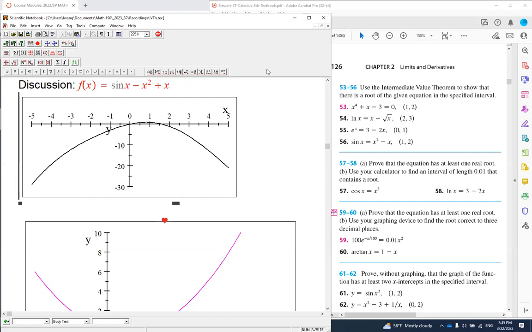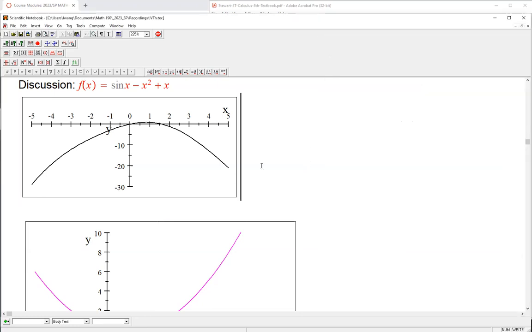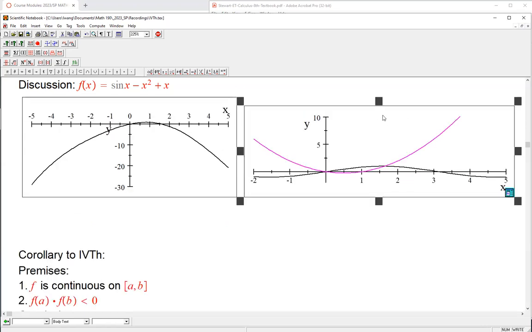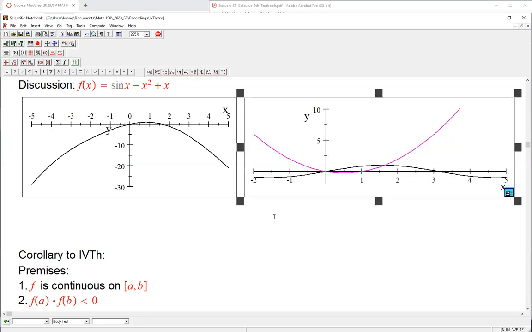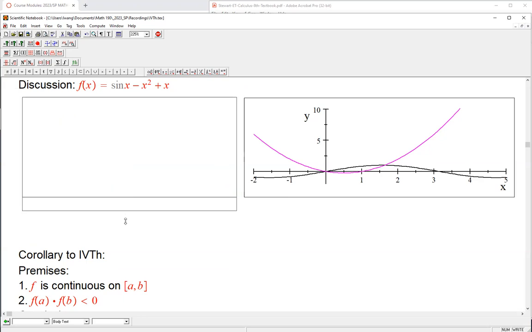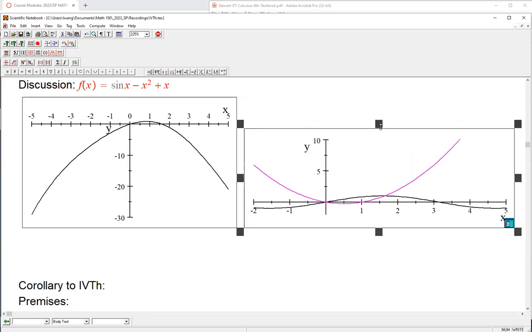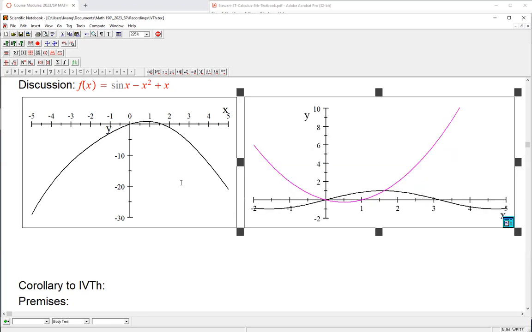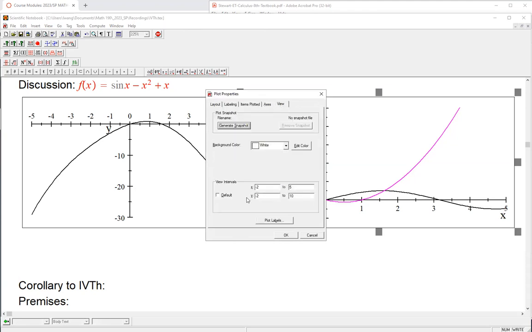Okay. Let me clean this up a little bit, right? If we set the curves side by side, you see similar things. Between 1 and 2, I'm going to make a little adjustment to this picture here, so you can see the same scale. I want you to see them in comparable scales.